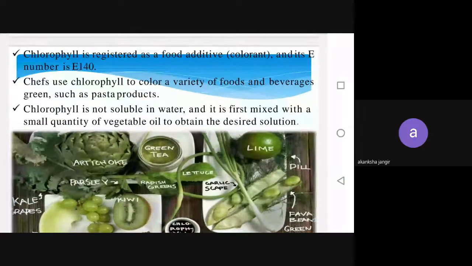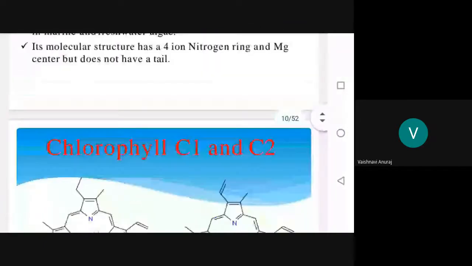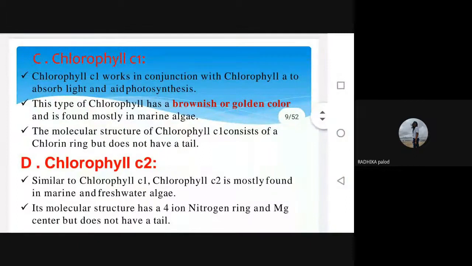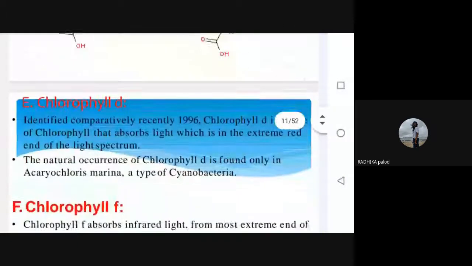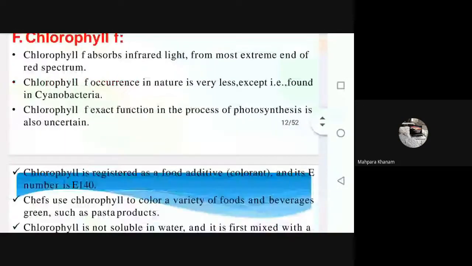Yellow. Chlorophyll C? Brownish or golden. Chlorophyll D? Reddish color. And chlorophyll A also same.